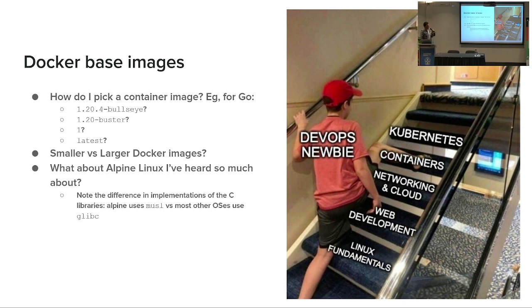So Alpine is a popular choice because it's a much smaller base image, but it uses a slightly different implementation of the C libraries. It uses, I'm probably going to pronounce this wrong, musl, M-U-S-L. But most other operating systems use glibc. So when you're developing locally on your Mac or on your Windows or Linux box, you're going to be using glibc, most likely.